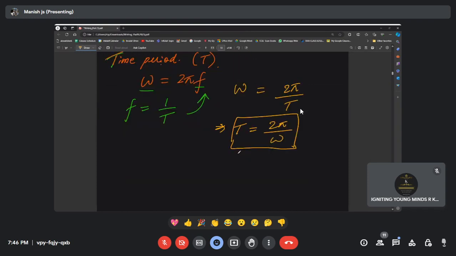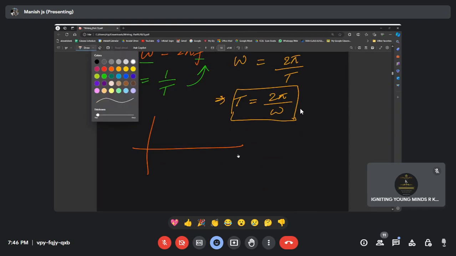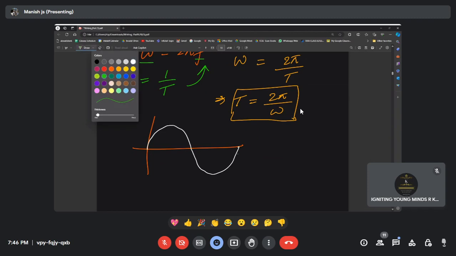Now I'll show you how, when you try to draw a sinusoidal waveform, time period T comes into the picture. This is a sinusoidal waveform. The wave starts from here, say at this point time is 0. At this point it is half of the time.